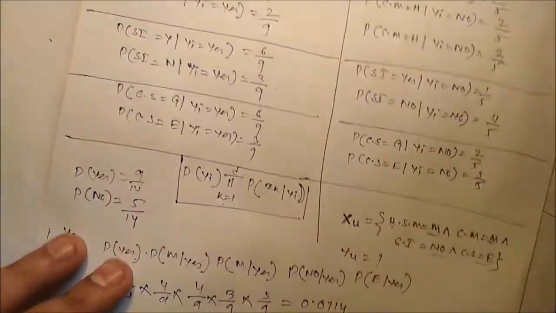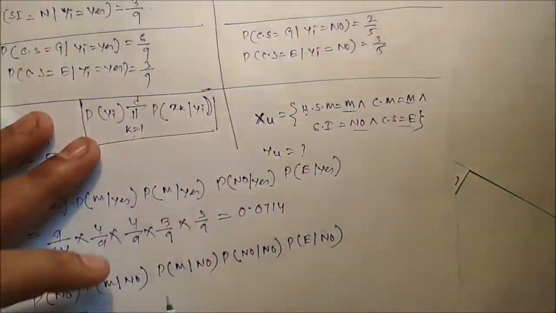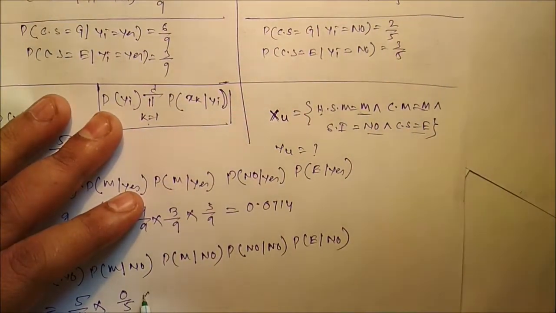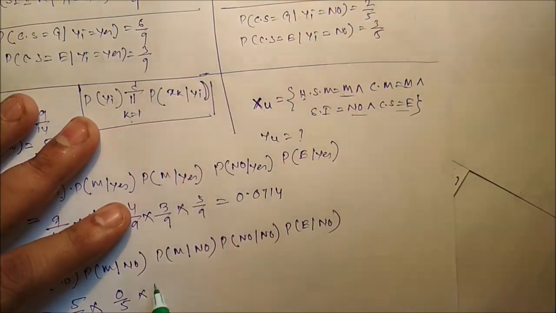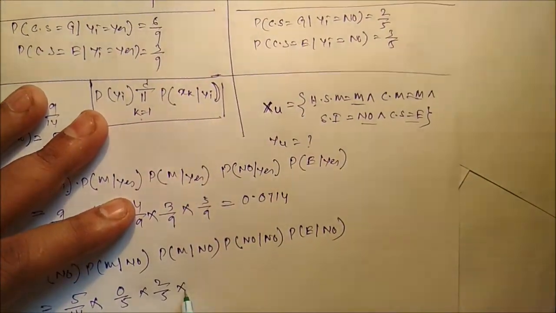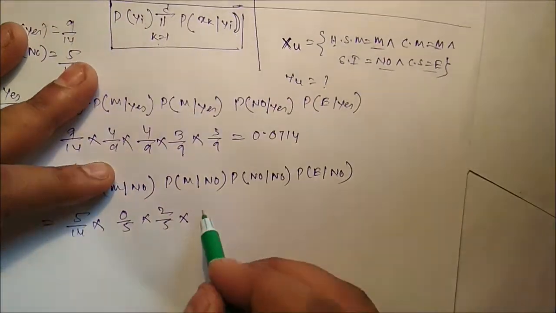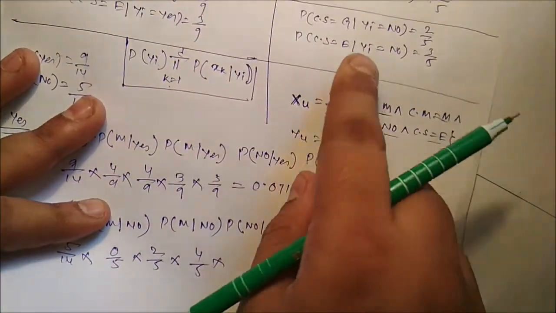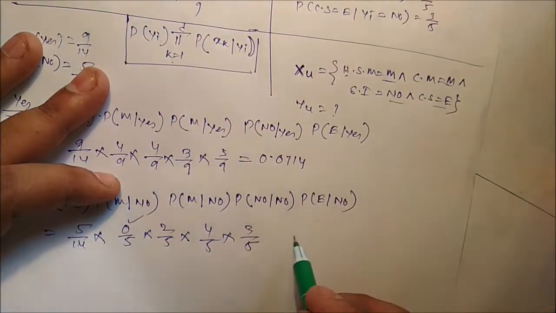If it is medium and no, it is 0 by 5, into 2 by 5. If it is no and no, it is 4 by 5. And if it is excellent but the class level is no, it is 3 by 5. But due to this 0, the result will be 0.